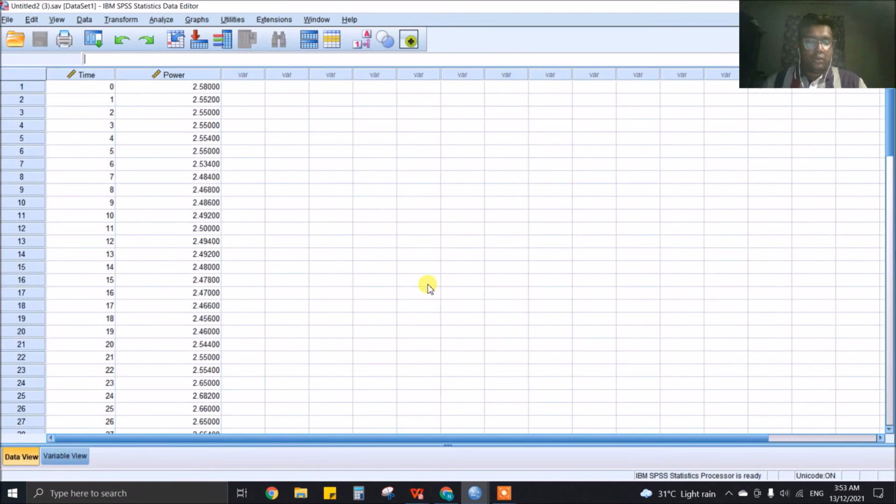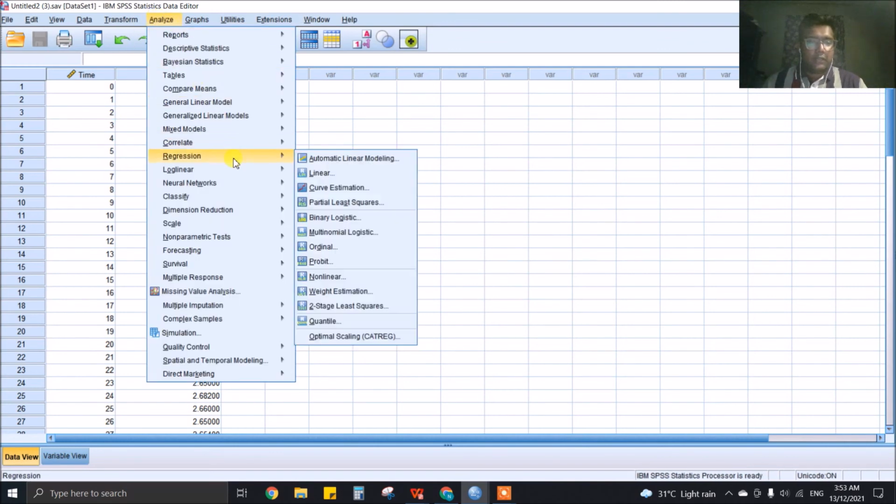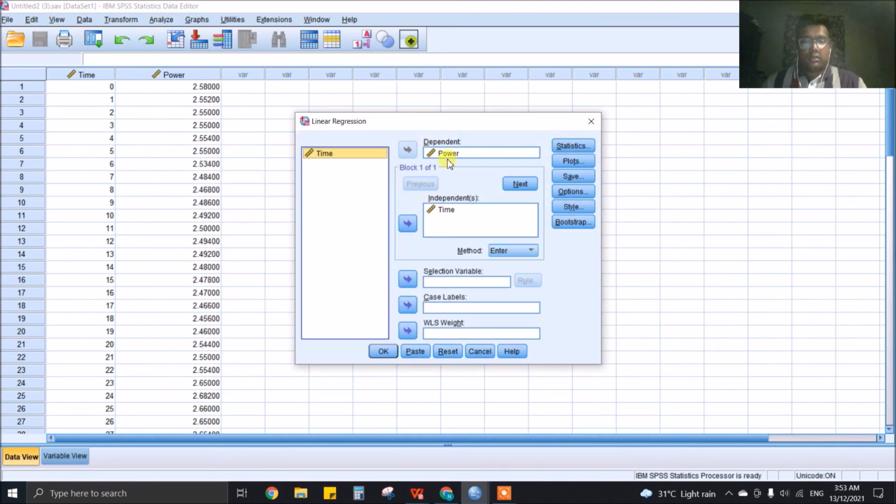Let's look into computing the coefficient of determination. We press Analyze, then go to Regression, then press Linear. For the dependent variable, we have moved the power variable into the dependent box.